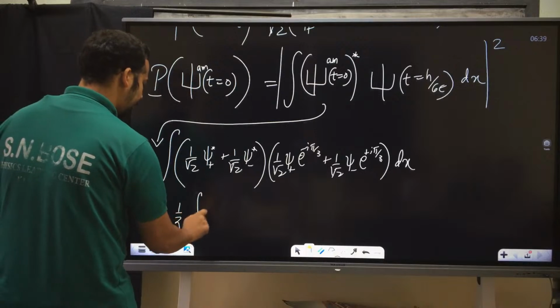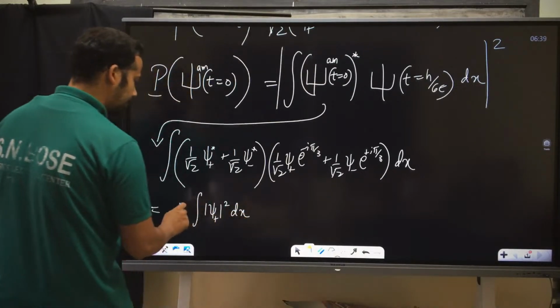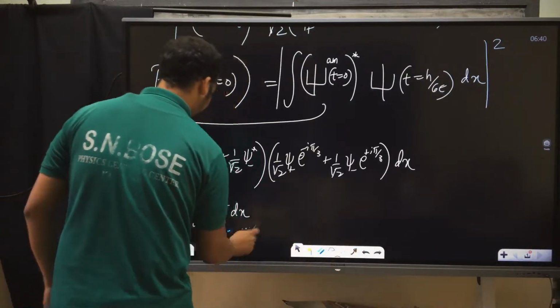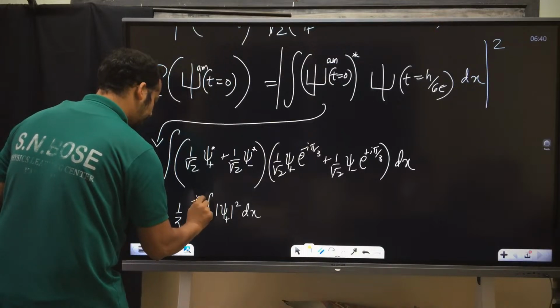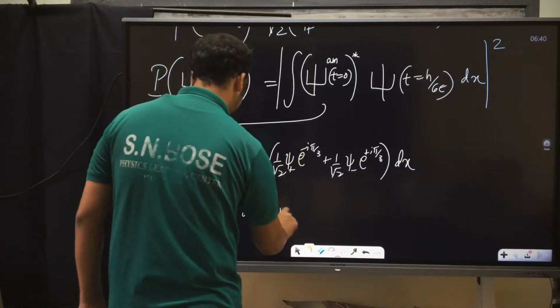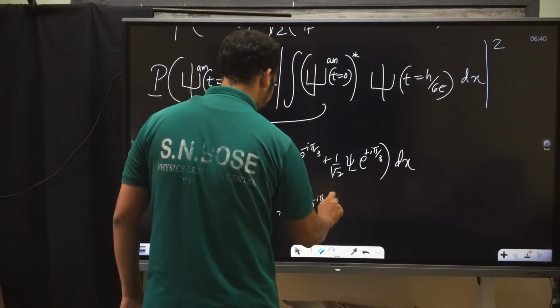Integral mod psi plus square dx. What will come outside? E power minus i pi by 3 will come outside, plus 1 by 2 e power plus i pi by 3 will come outside.